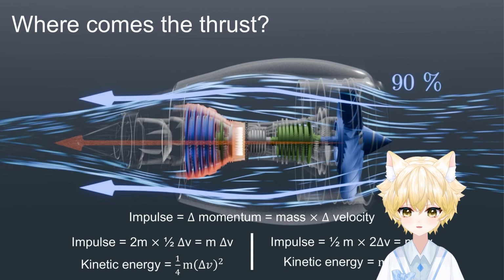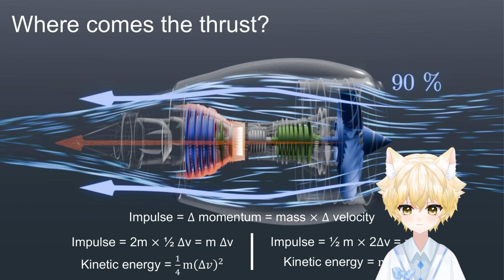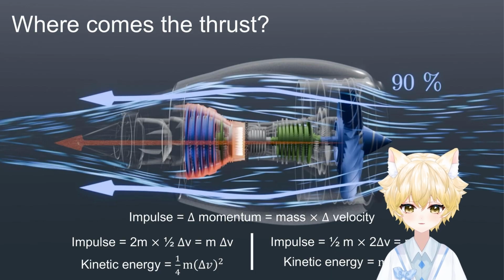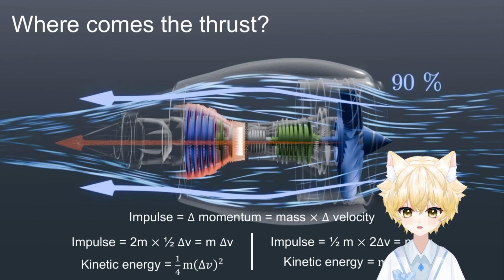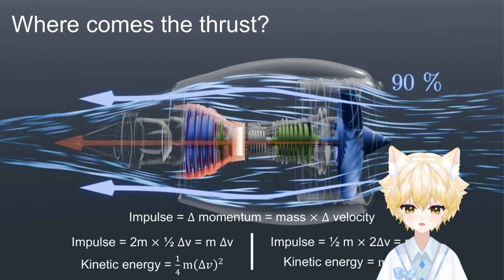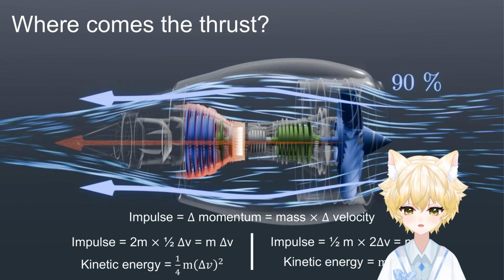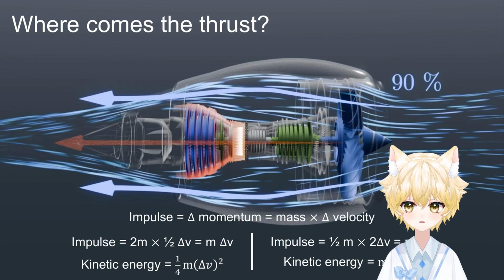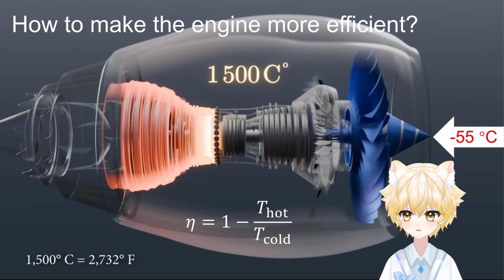Both will generate the exact same impulse, but it takes 4 times as much energy to speed up the air in the second case, and a lot of that energy is just wasted in the exhaust. So ideally, you want to push as much air backwards as possible with only a small change in velocity. That's why jets have gotten bigger and bigger over the years.